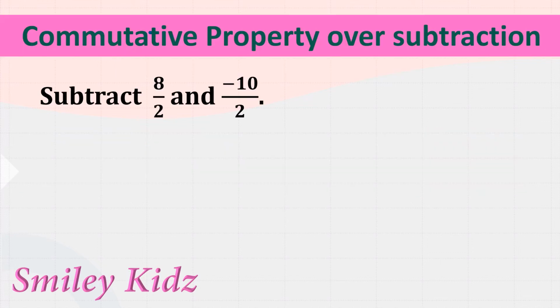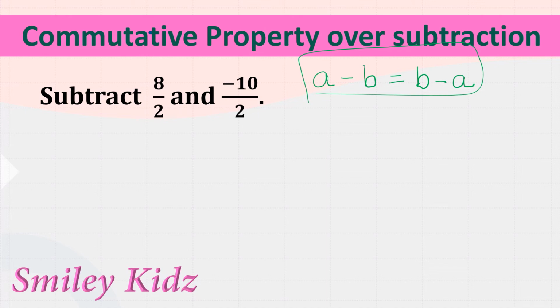Commutative property over subtraction. Subtract 8 by 2 and minus 10 by 2. Our property is A minus B is equal to B minus A. So let's apply the property and check whether it is satisfied or not.